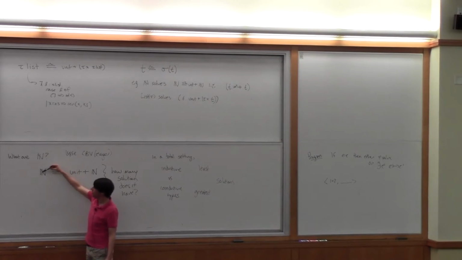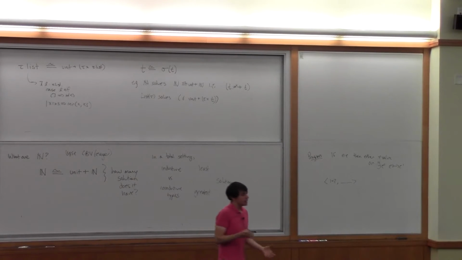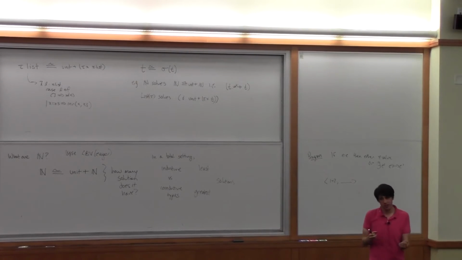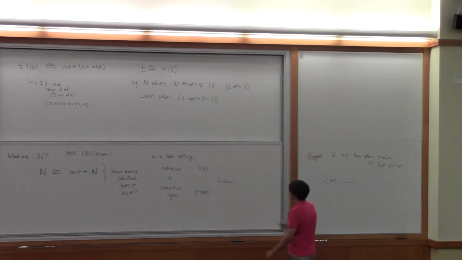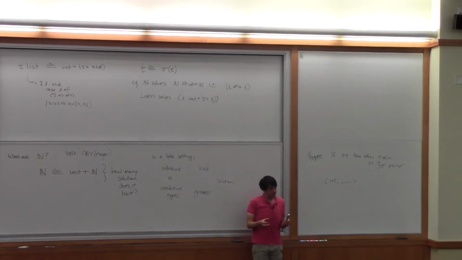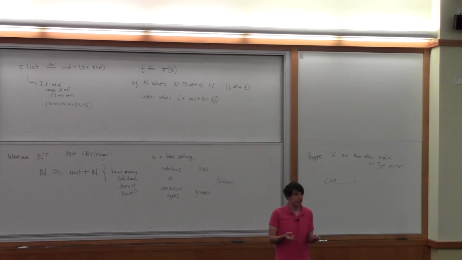So having a function there tells you that you have 0 and successor, and saying that we want the smallest type, or the least fixed point, or the least solution, is saying that we have the smallest type closed under 0 and successor, which is exactly the natural numbers, right? It's giving us this idea that every natural number is either 0 or successor of 0 or successor of successor of 0, and so on and so on and so on.